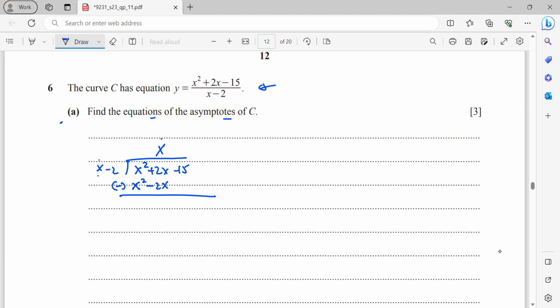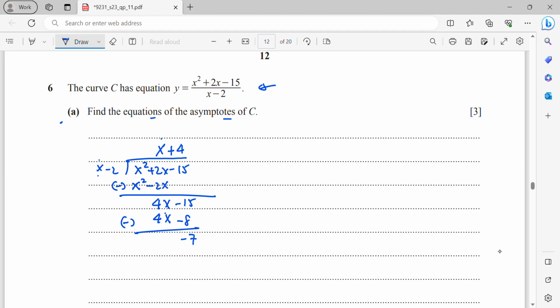So x squared minus x squared is 0. 2x minus minus 2x becomes 4x, then minus 15. Then now, to get 4x from x, I need to multiply with plus 4. So it will be 4x minus 8. And then minus 15 plus 8 will be minus 7.